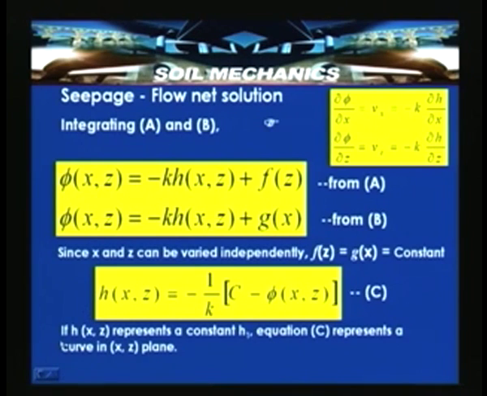So, if h(x,z) at a point x, z represents a constant h1, then equation C represents a curve in the x-z plane. What we have deduced is that for the equation of this potential line, if h(x,z) represents a constant h1, then equation C represents a curve in the x-z plane.